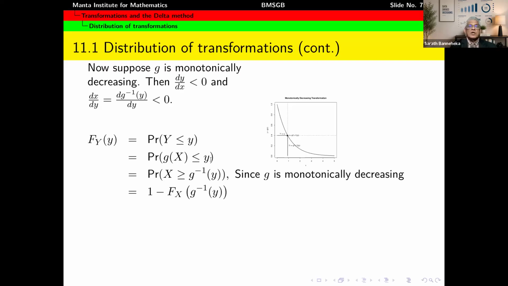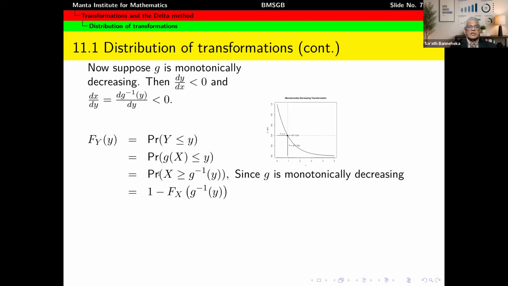But now, g of x less than or equal to some value simple y, that is this part of the curve, occurs when x is greater than or equal to g inverse y. So if this value is, for example, y, then this value here is g inverse y. So g of x is less than or equal to y, so that this part of the curve happens when x is greater than or equal to g inverse y.